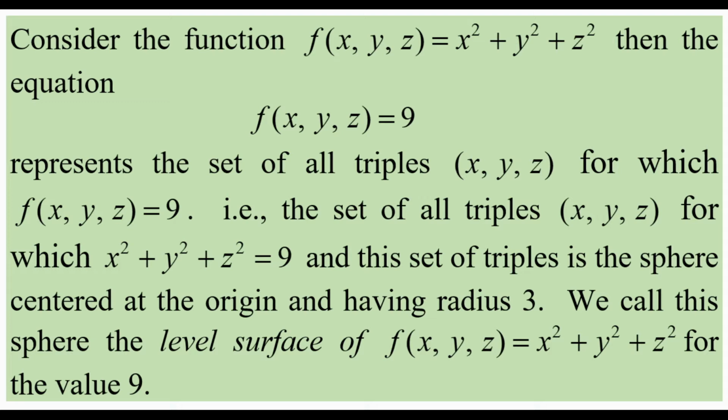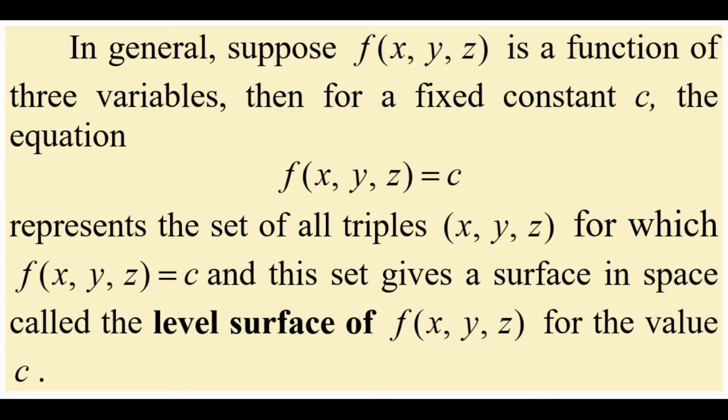We call this surface the level surface of the function f(x,y,z) = x² + y² + z² for the value 9. In general, suppose f(x,y,z) is a function of 3 variables.